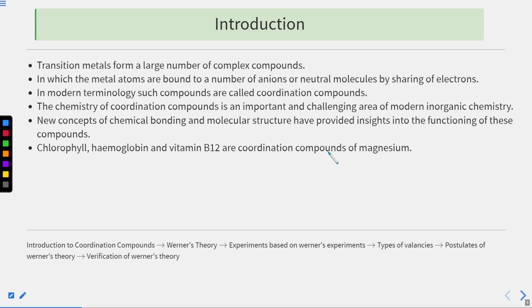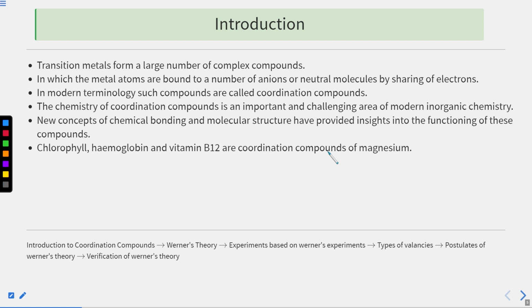Now in the development of the coordination compound, various concepts have been given to explain how this bonding takes place. It is neither a kind of ionic bond nor a covalent bond. A new kind of bond has been seen in coordination compounds, that is termed as coordinate bond. We will see what this coordinate bond is and how it functions.